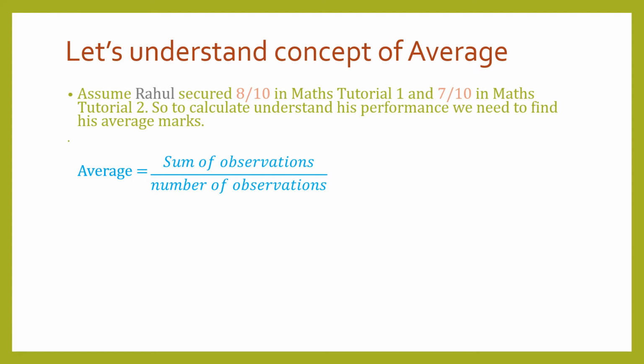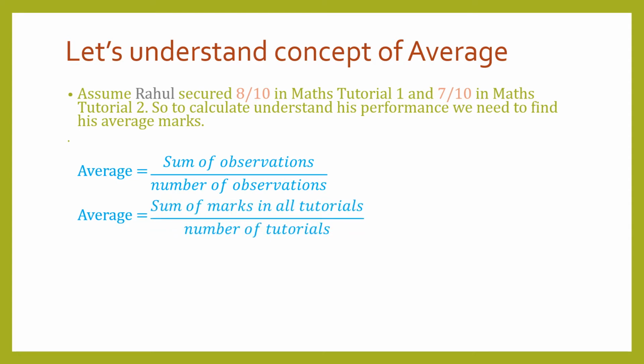Now let's find out the average. Average is equal to the sum of marks in all tutorials upon the number of tutorials. Let's put in the values. 8 plus 7 upon 2. 8 plus 7 is 15. 15 upon 2 is 7.5.